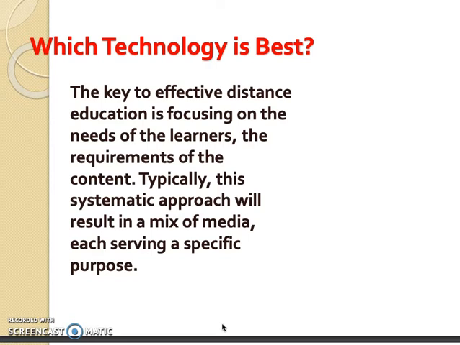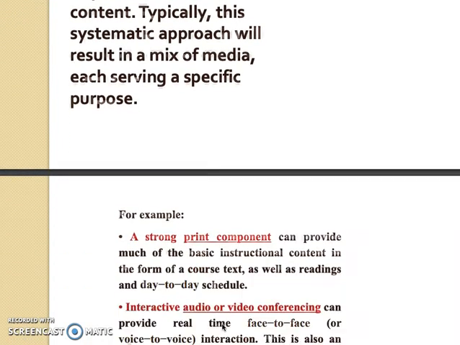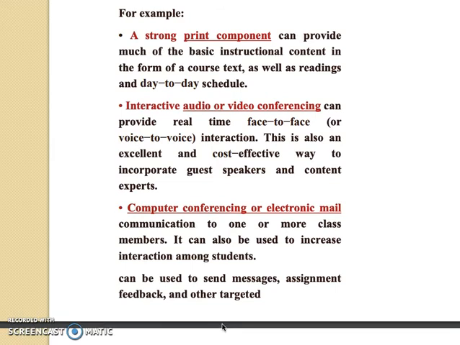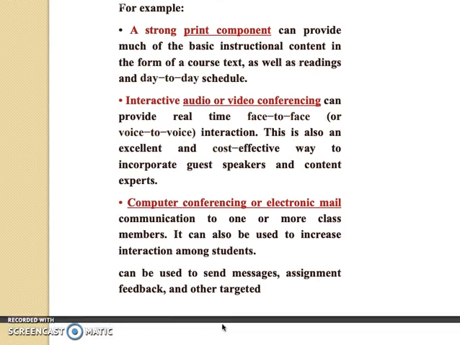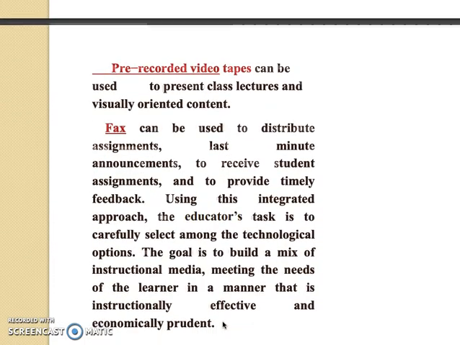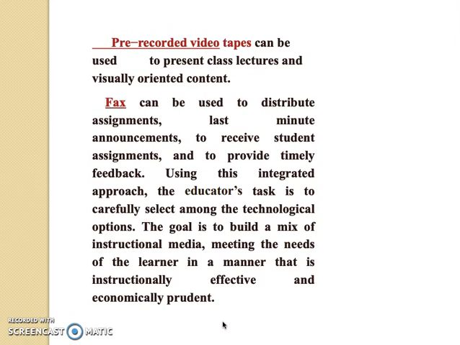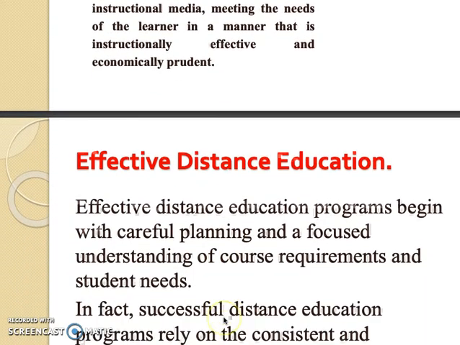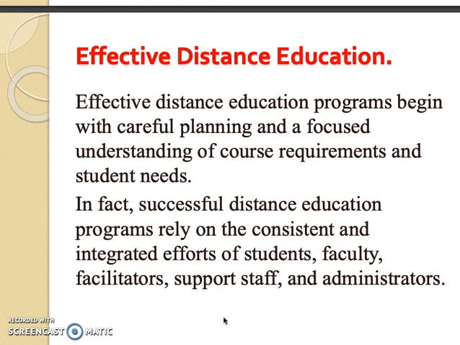The key to effective distance education is focusing on the needs of learners and the requirements of the content. Typically, the systematic approach will result in a mix of media, each serving a specific purpose. For example, a strong print component, interactive audio or radio conferencing, computer conferencing or electronic email, pre-recorded video tapes, and of course, fax.